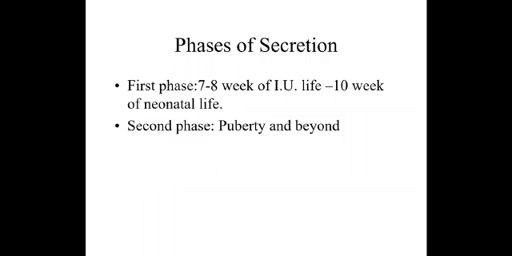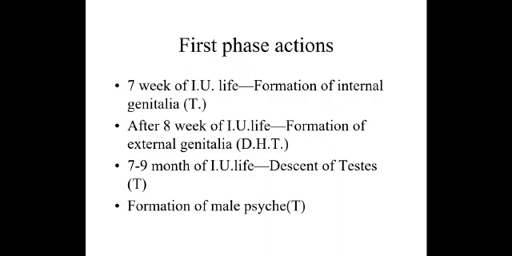As we discussed, due to the HCG secreted by the placenta, there is a spurt of increase in testosterone during intrauterine life, which is essential for the fetal testes to be formed, and again during puberty. During the 7th week of intrauterine life, there is formation of internal genitalia by testosterone.